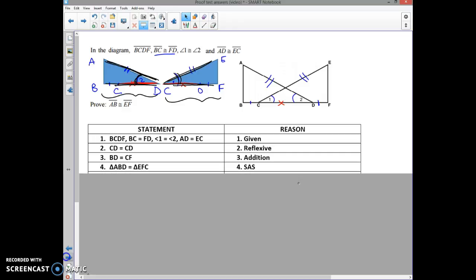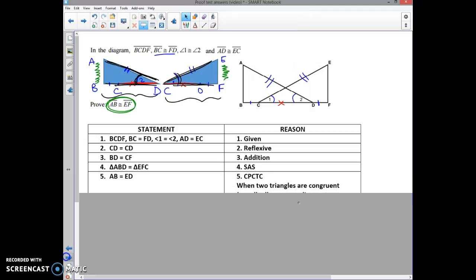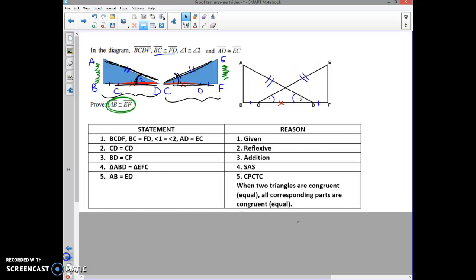Now, when you want to talk about corresponding parts, you're supposed to prove AB equals EF. This corresponds with this. And so therefore you can use corresponding parts, but some people aren't quite getting that still, so please write both. The acronym corresponding parts of congruent triangles are congruent, and also when two triangles are congruent or equal, all corresponding parts are congruent or equal.